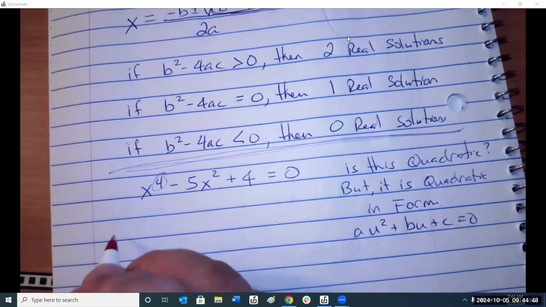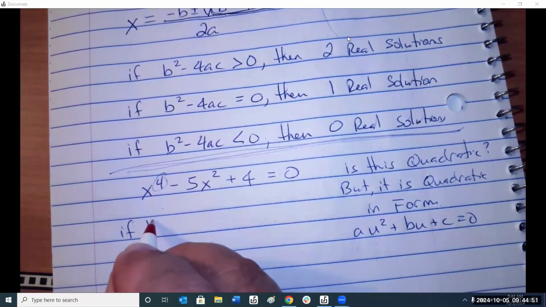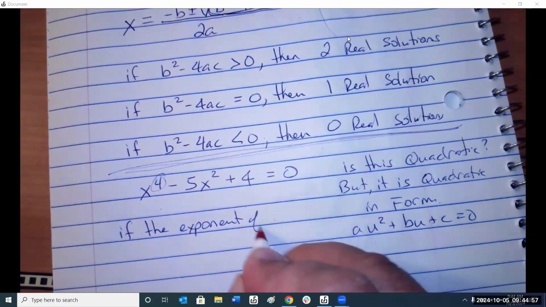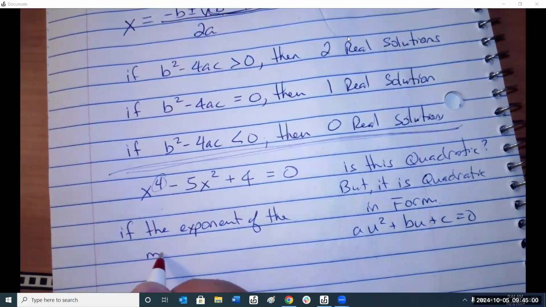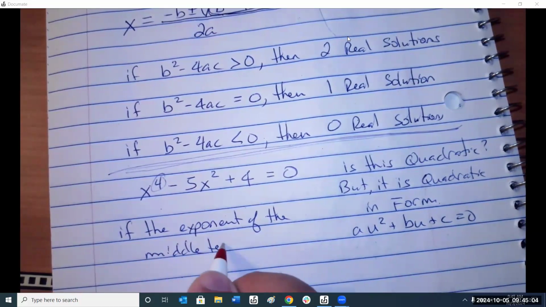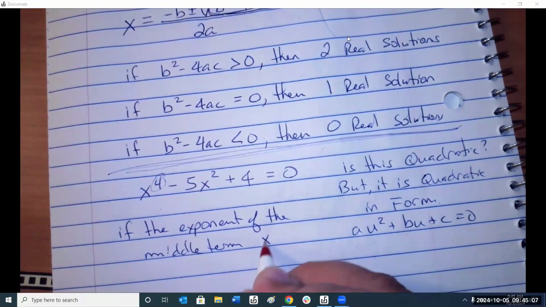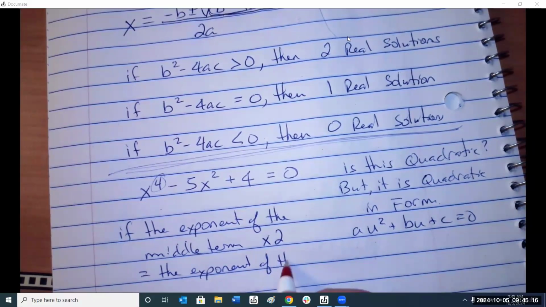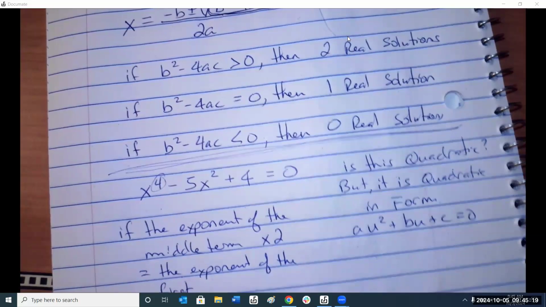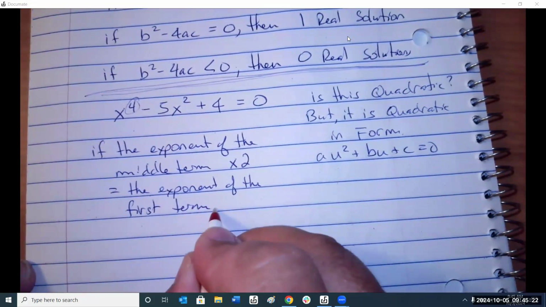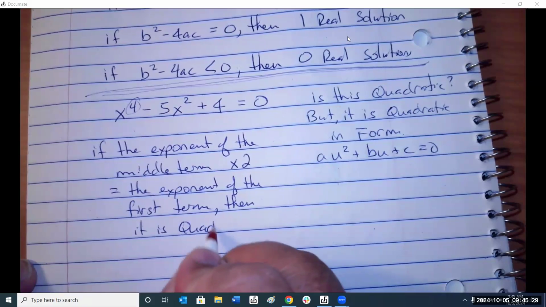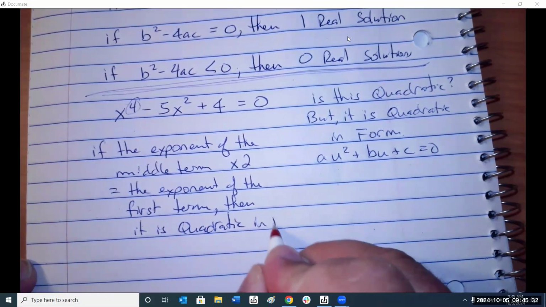Because if the exponent of the middle term times 2 equals the exponent of the first term, then it is quadratic in form.